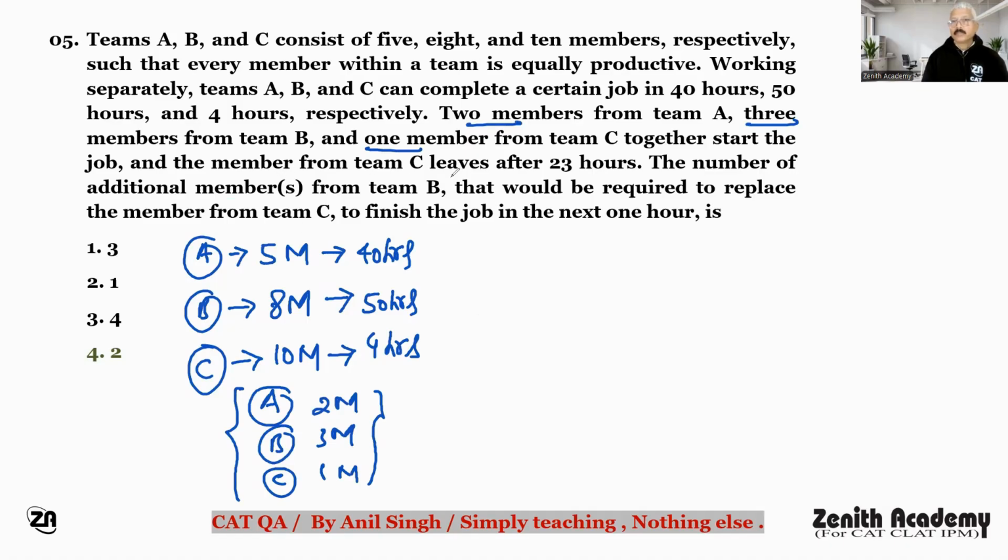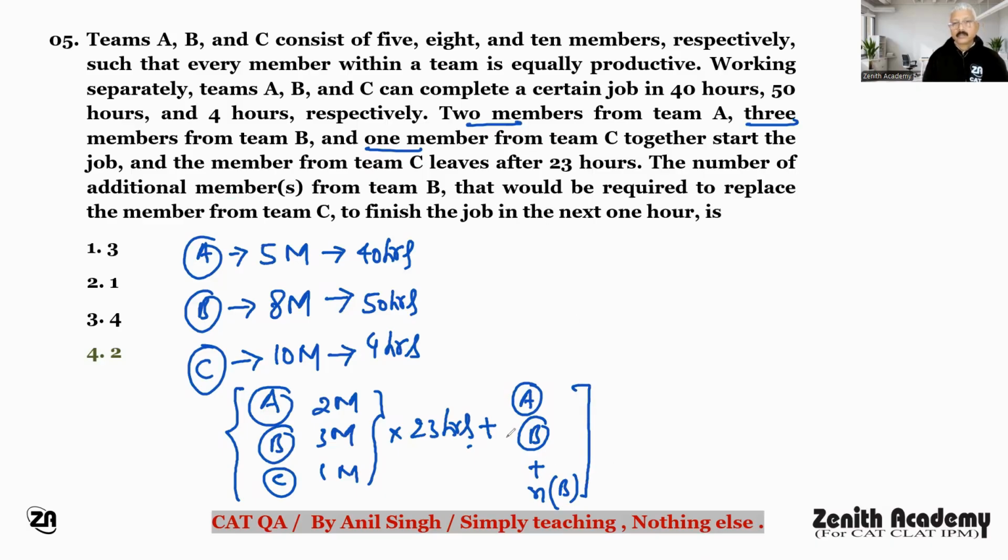And the member from team C leaves after 23 hours. Means this team works for 23 hours, and then C leaves, means now only team A, team B, plus more members from team B will finish the job in the next 1 hour.